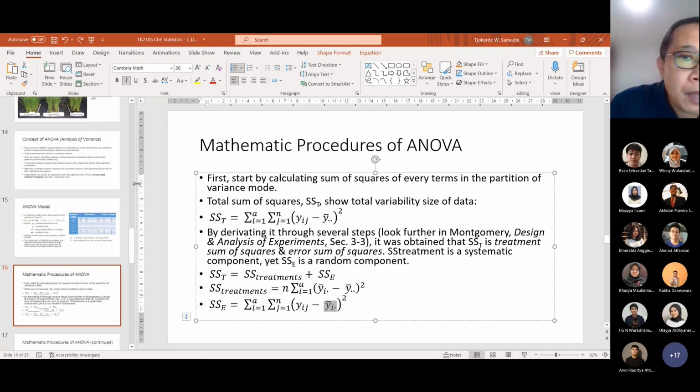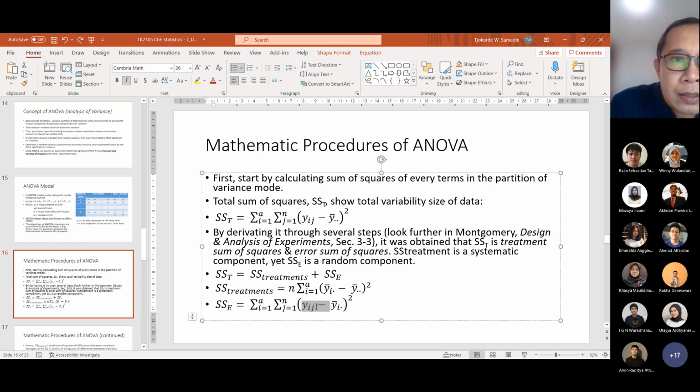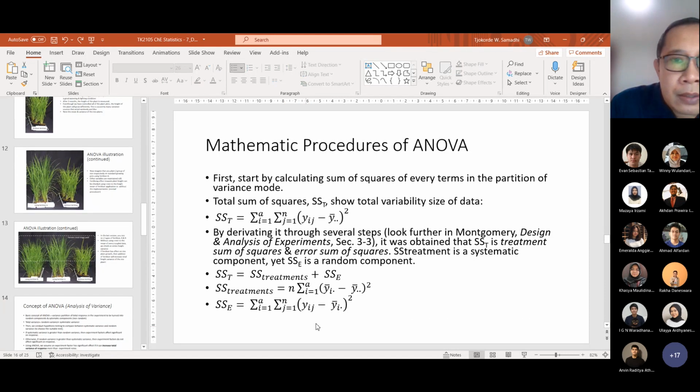Let me zoom that out. Okay, right. This is the height of one rice paddy plant. And this is the average rice paddy plant height in one sample to which this data belongs.